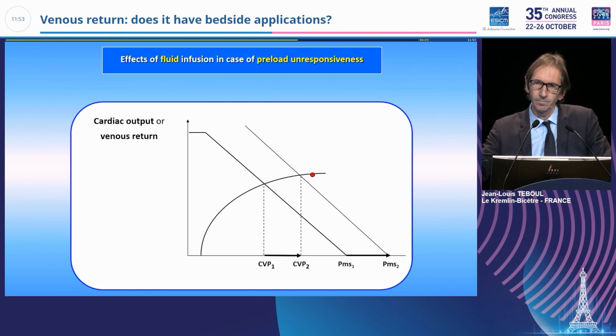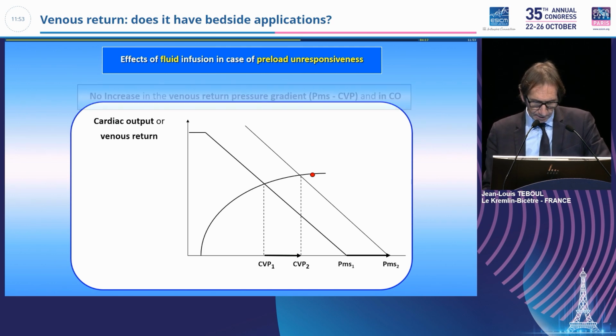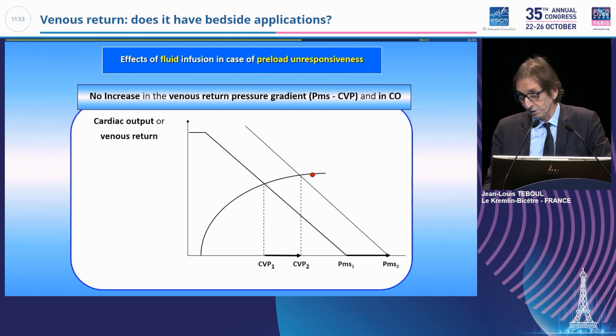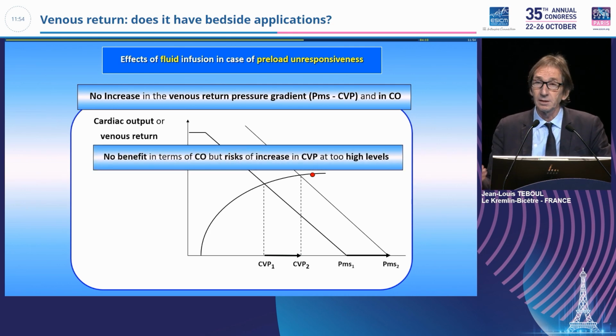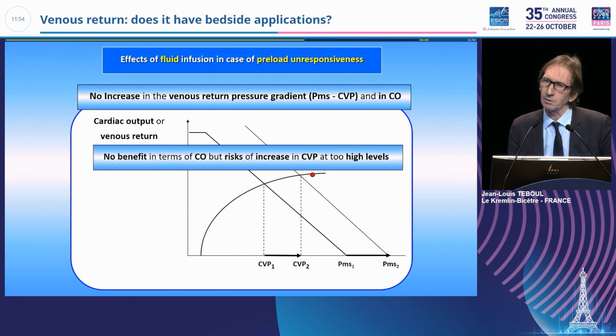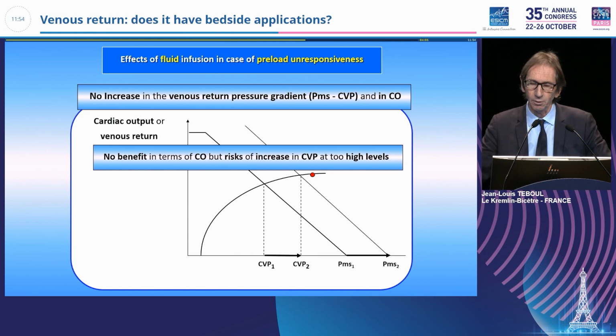There is no increase in the mean systemic pressure minus CVP difference. And of course, there is no increase in cardiac output, but also there is a high increase in CVP, and sometimes it is harmful for the kidney function or the liver function.